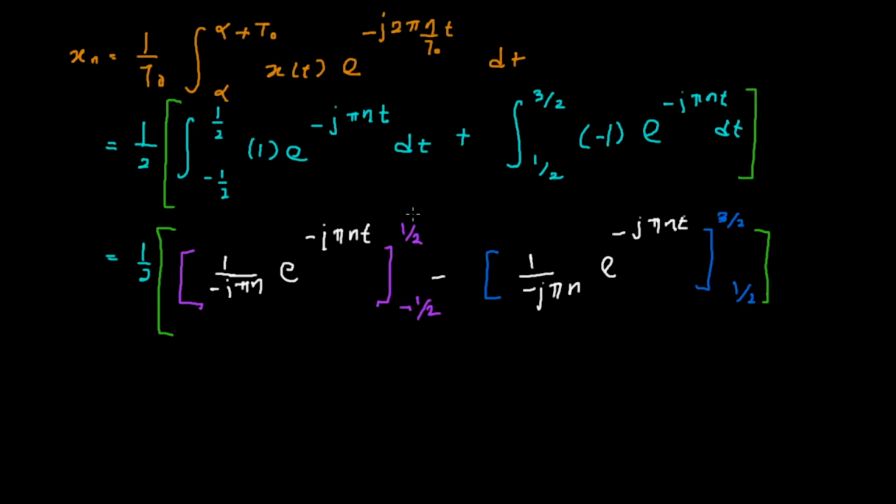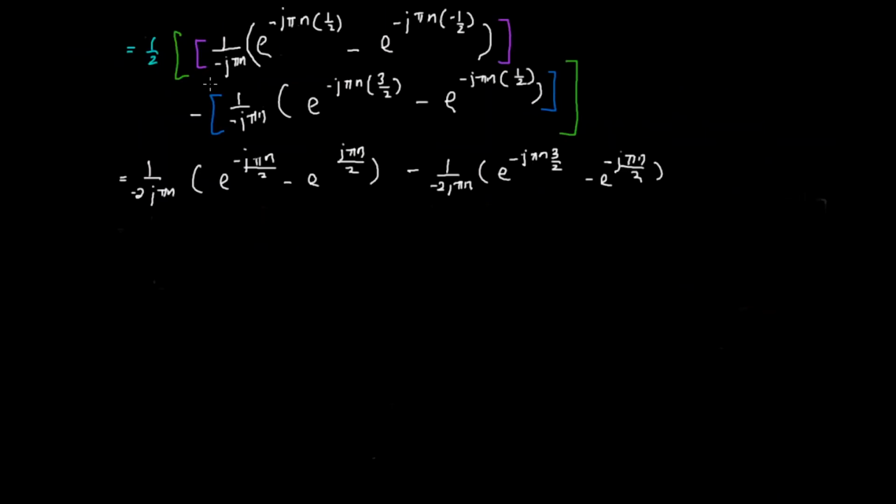Next is to substitute the values. Now we have already substituted the values in, as you can see. I've put in the positive 1 over 2 here, the negative 1 over 2 here, positive 3 over 2, and positive 1 over 2. These are the values that we're supposed to put in. And here, what I did is take out the common factor across these two and keep it outside, which is negative j pi n.